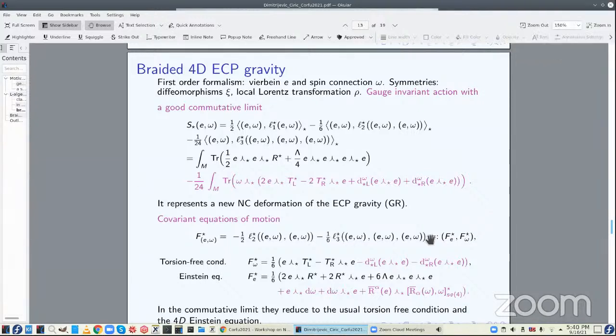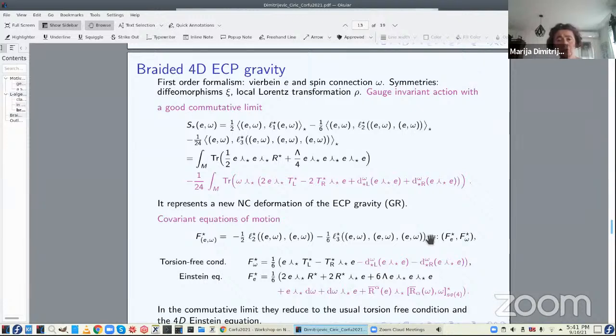Okay, so the honest answer is that I have no idea, but I would assume that maybe something similar also happens here. Although I'm not sure. I think that what you and also Alex did was the second order formalism. This is the first order formalism, so one has to first solve the torsion-free condition, express the spin connection in terms of the Vierbein, and then insert this into the Einstein equation, and it's a bit more complicated.